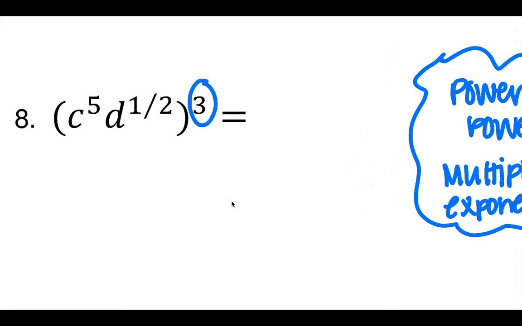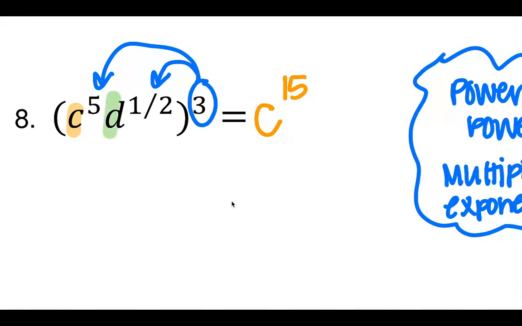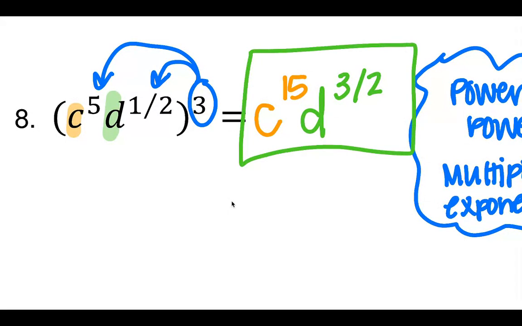So I'm going to take this 3 and its distributive property and multiply it to everything inside. Keep your bases. So I've got a base of c, but I'm doing 3 times 5, which gives me 15. Keep the base of d, but I've got 3 times 1/2, which is 3/2. They're all positive, so that is my answer.